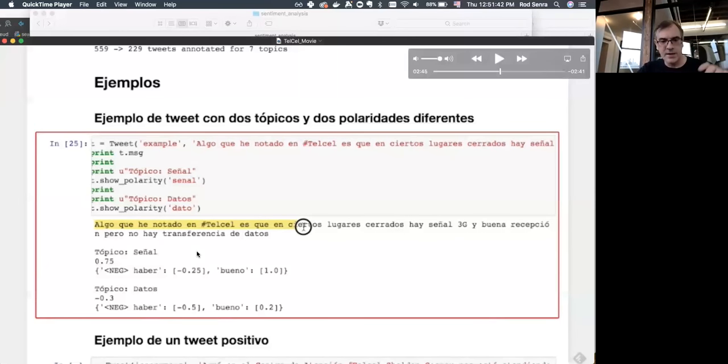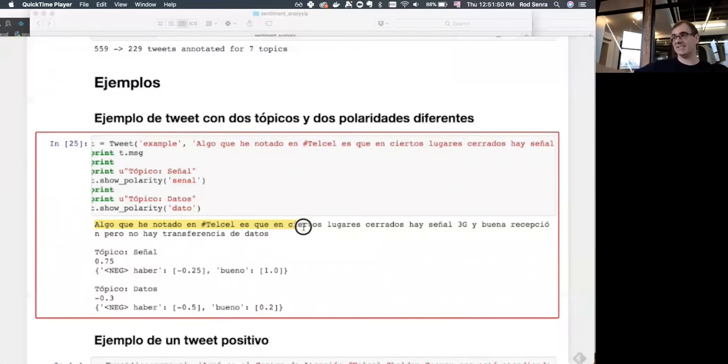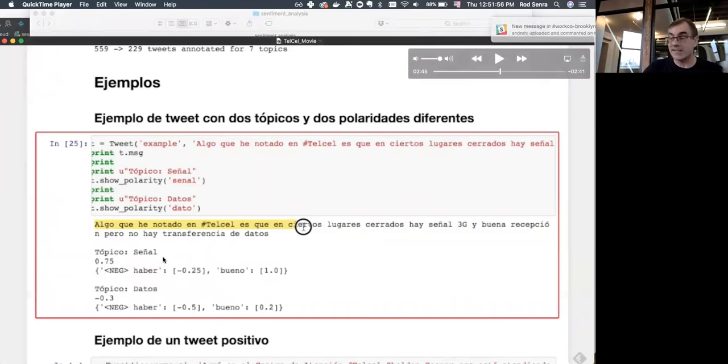So there are two things to observe here. First, there are two topics. Even though there is a single sentence, it's talking about two things regarding our previous classification. It's talking about the signal and about data. And for the signal, it's positive. But for the data, it's negative.